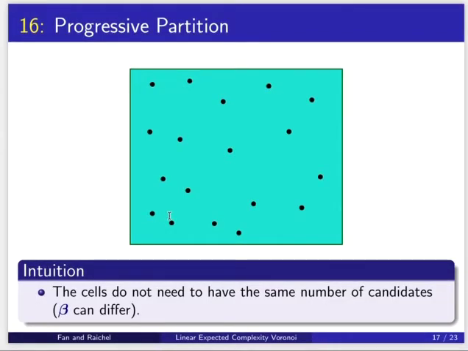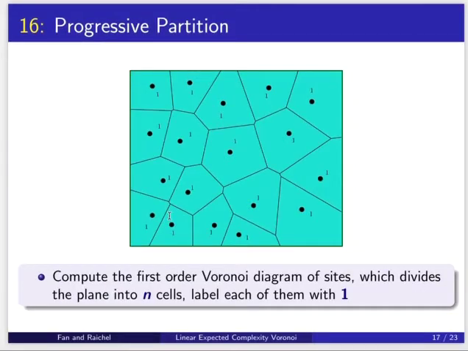The intuition is that not all the cells need to have the same number of candidates. For different cells, the number of candidates can differ, and we can partition the space progressively. First, we compute the first order Voronoi diagram of the sets, which divides the plane into n cells, and label each of them 1.